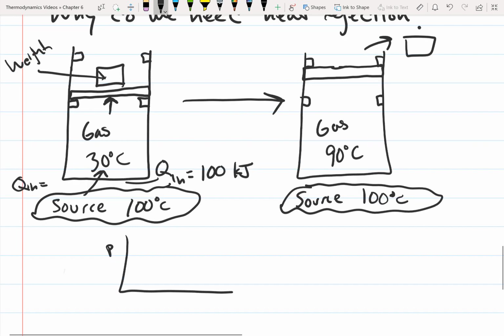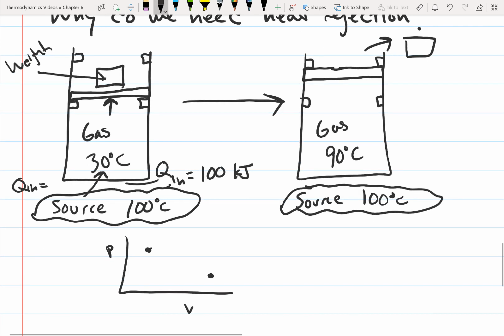So if we have our cycle, so far we've gone from 1 to 2. Well, we need to get back to 1. And the way that we get back to 1 is we need to return the temperature of the gas back to 30 degrees Celsius.